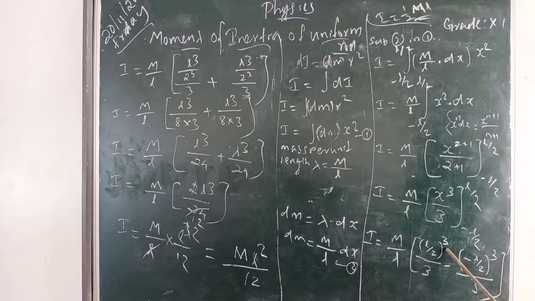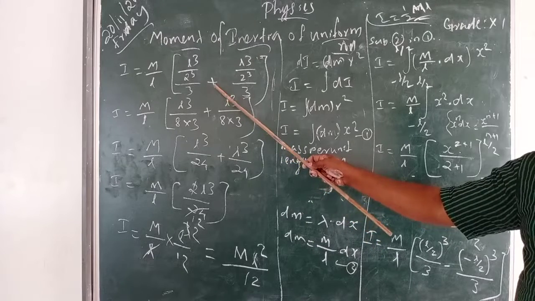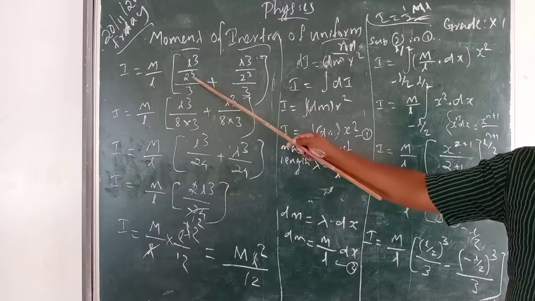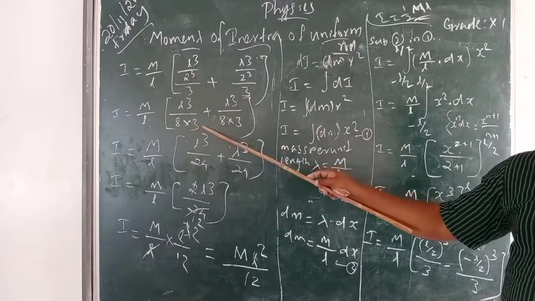Now we have to apply the upper limit and lower limit. Instead of x cube, L by 2 cube. So here minus of minus L by 2 cube, and in the next step you see L cube by 2 cube, L cube by 2 cube, and minus into minus becomes plus. 2 cube is 8, it is also in the denominator. So 8 into 3.